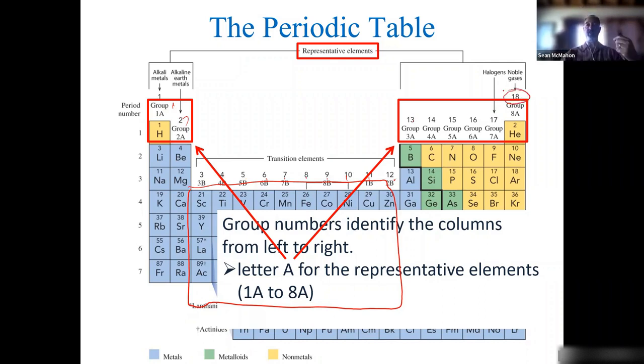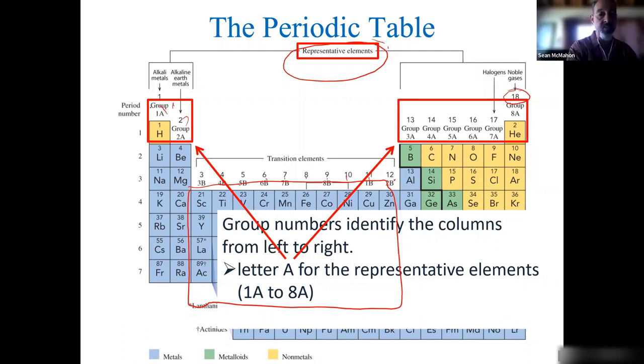The old system, it's not that it's ignoring, it focuses on what's referred to as the representative elements, the bigger blocks that don't have the valley, the more commonly discussed elements. It looks at the representative elements and it gives them a letter A to distinguish them.